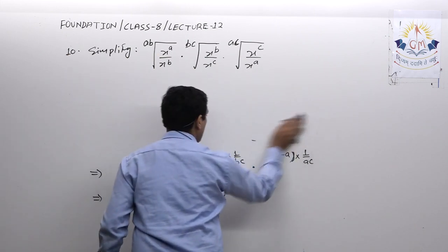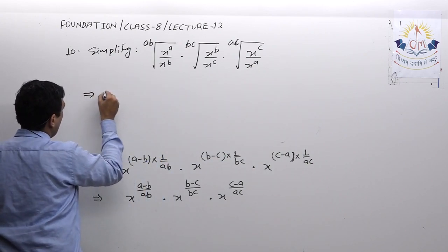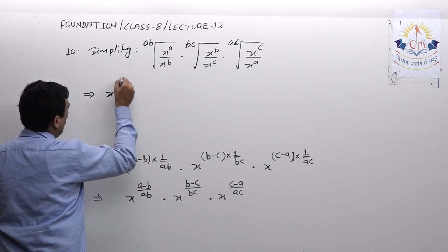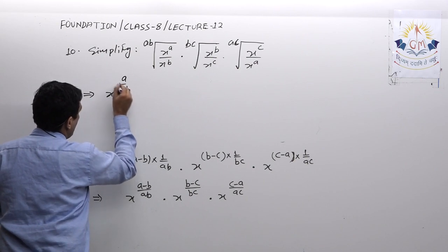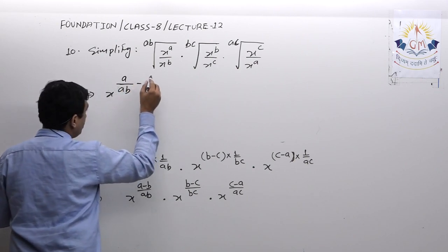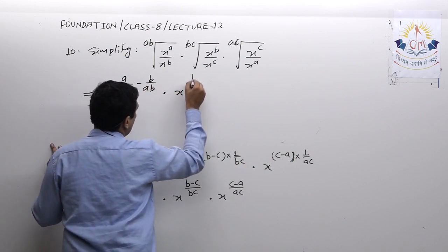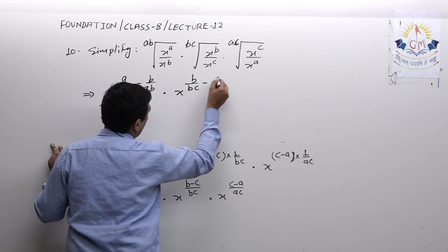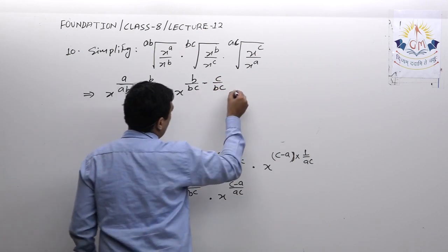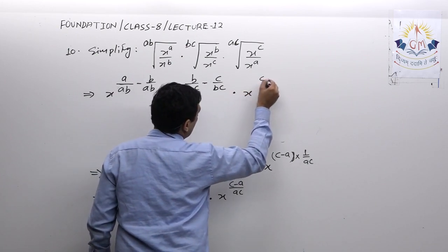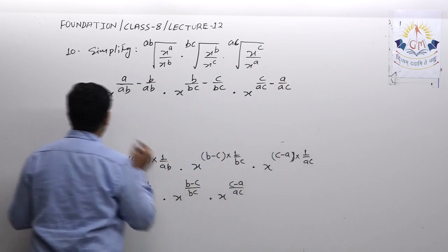Okay, now last two steps. See, now further I can write this is x raised to A upon AB minus B upon AB into x raised to B upon BC minus C upon BC into x raised to C upon AC minus A upon AC.